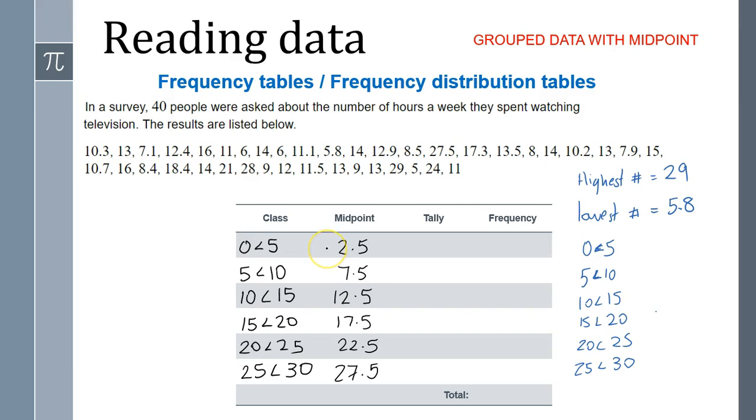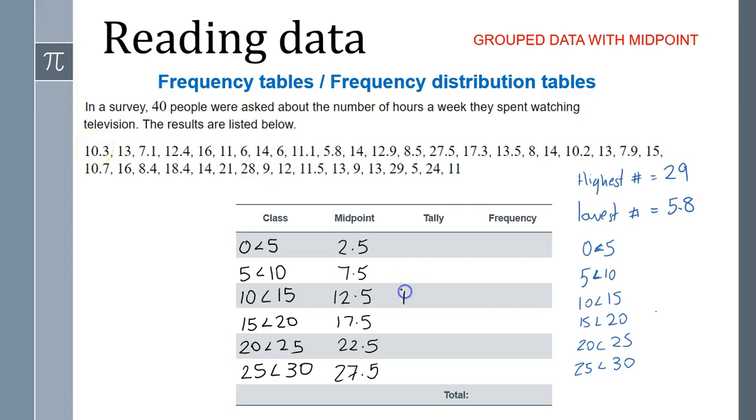So I'm going to have a look at things between 0 and 5, which I don't think from memory there's any in here. Nope, none in there. Between 5 and 10. Actually, what I'm going to do is go through one at a time, and if you want to speed this up, you can.